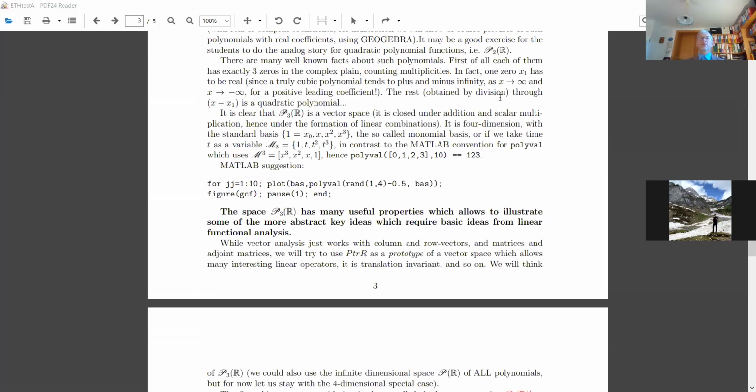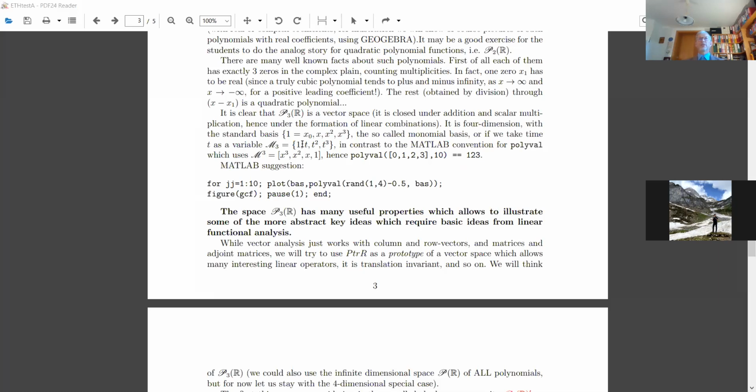So in the middle of the slide, you see the basic description. Cubic polynomials are, of course, in the space of all functions on the real line, or if you want, in the space of all continuous functions, or in the space of all differentiable functions if you want, but let's say in the space of all continuous functions on the real line, you take 4 functions and you make all the possible linear combinations of this.